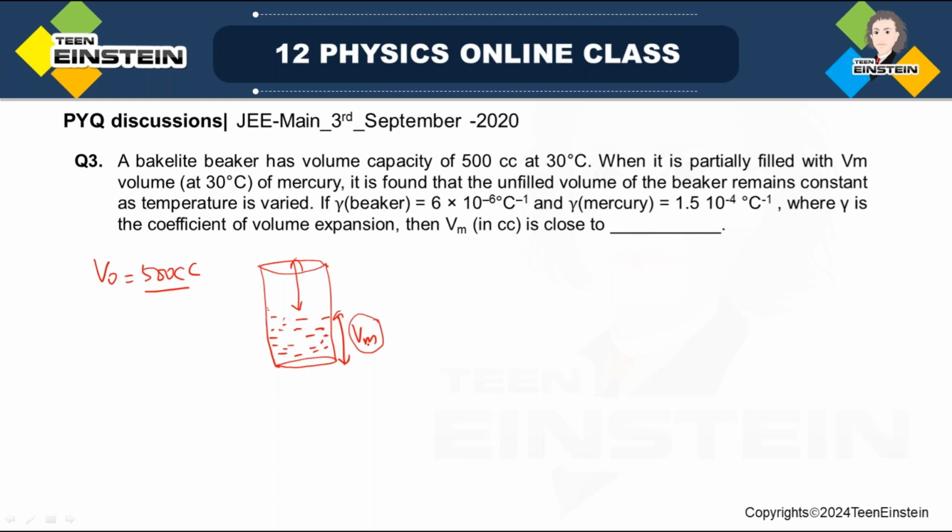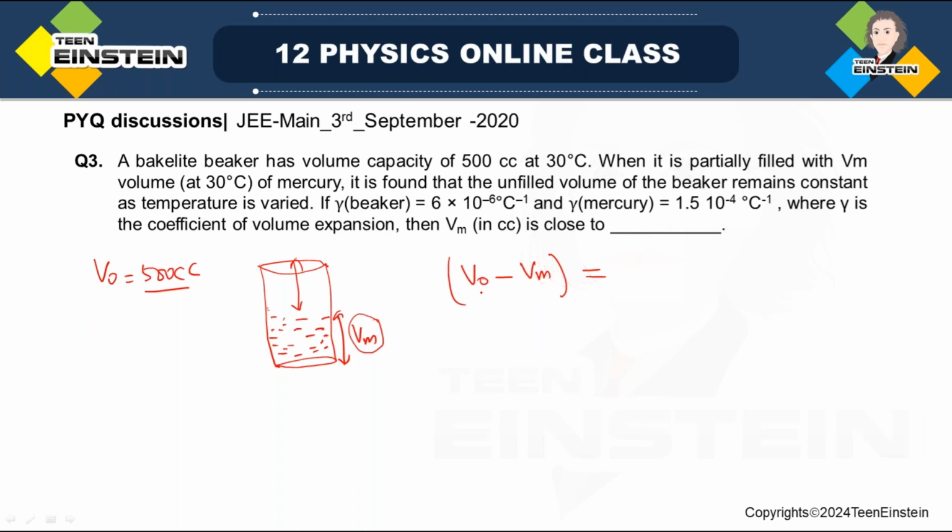Suppose this is the volume of mercury, and this is the volume of the original bakelite beaker. The volume of the remaining empty space is actually given by V0 minus Vm, right?